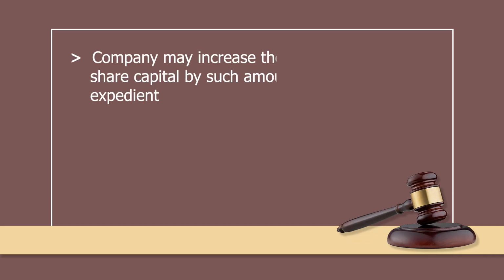Dear students, we shall now discuss the modes of alteration of share capital. Alteration of share capital can take place in a number of ways. These are: number one, a company may increase the authorized share capital by such amount as it thinks expedient.